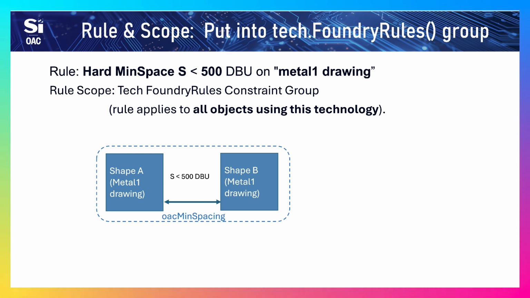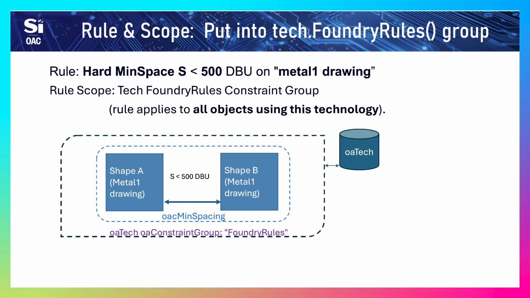So let's prepare a hard minimum spacing of 500 dBU for all shapes in the Metal 1 drawing layer on this tech.DB. Since we are applying this constraint for our entire OA technology, we use the OA tech.FoundryRules constraint group, and we place our constraint inside of that group.